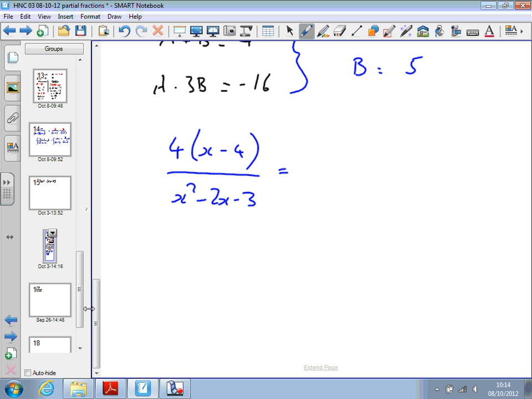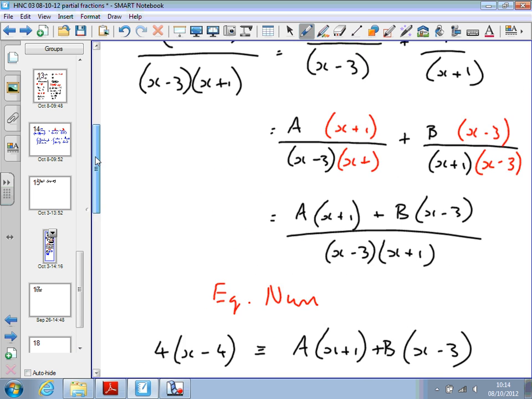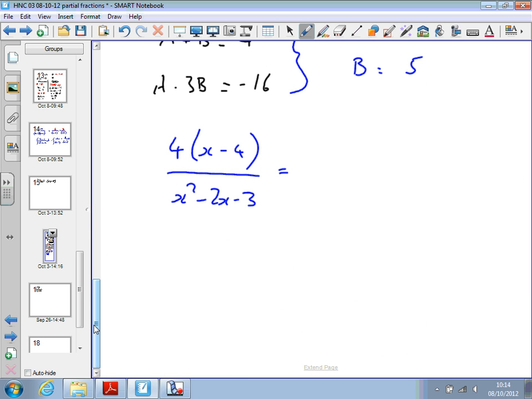So let's put the b first, the b term first. That's b over x plus 1, so 5 over x plus 1 minus 1 over x minus 3.